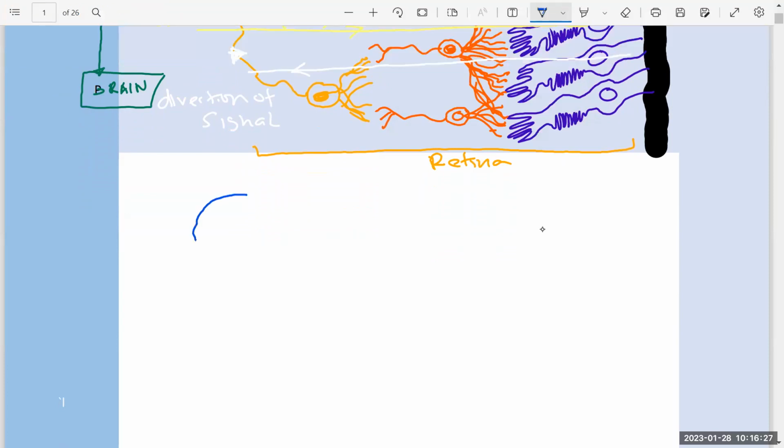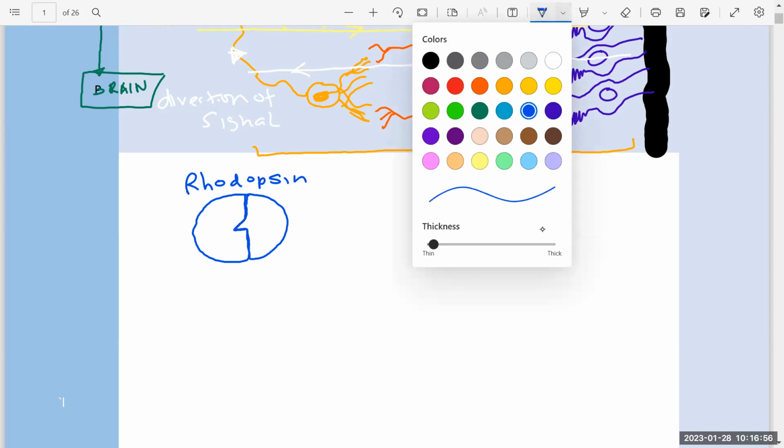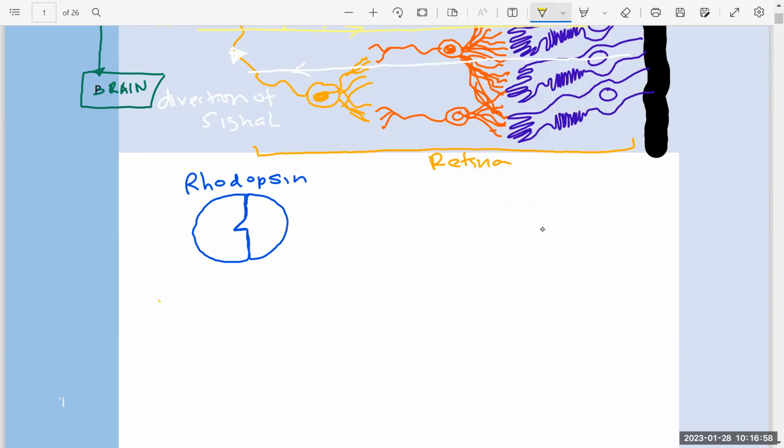This is the pigment, the chemical which can absorb light. And this chemical is called rhodopsin. And this represents the light stimulus.